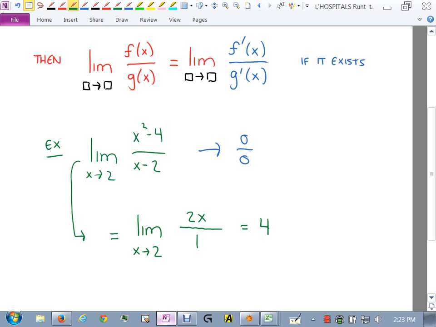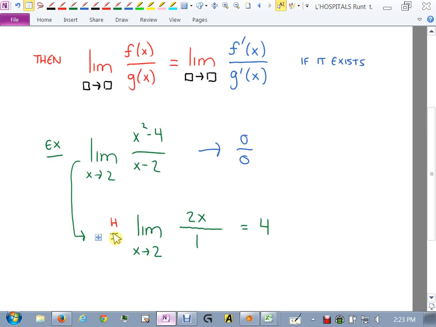Now, there's a common notation that we use to let people know that from this step to this step, I used L'Hopital's rule. I'd like to make a note of that so that people know that's what I did. Different books do it different ways. A lot of books will put an H over the equal sign.